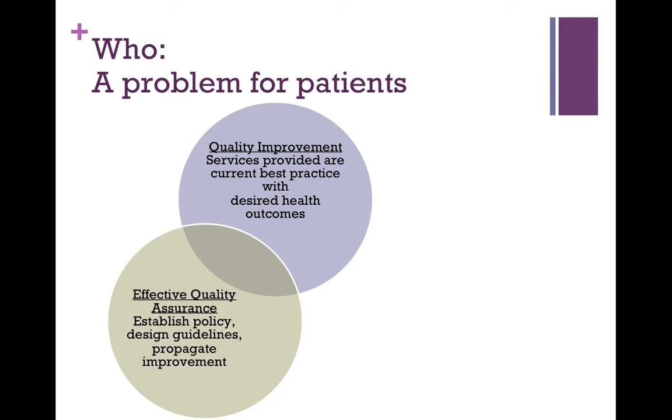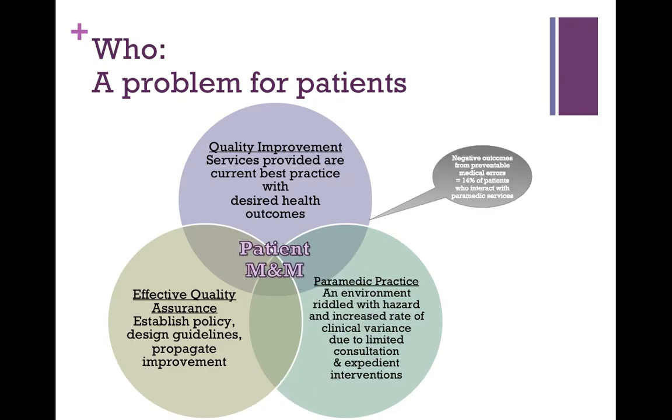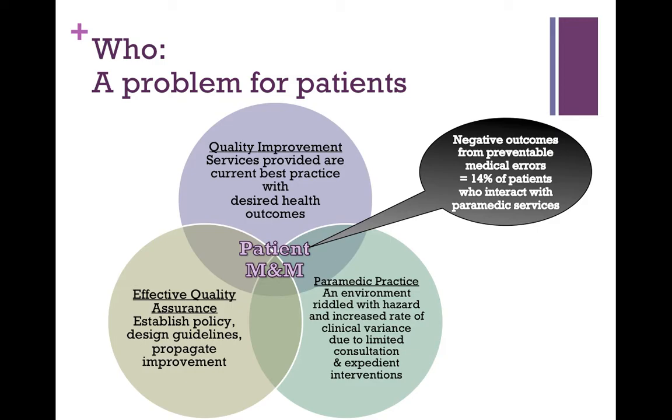However, paramedic field work requires expeditious decision-making involving critically ill and injured patients with limited consultation. This affects patient morbidity and mortality. Succinctly, there is a higher rate of clinical variance in the paramedic field, resulting in a 14% negative outcome rate for patients.